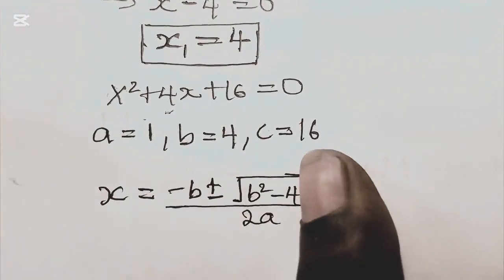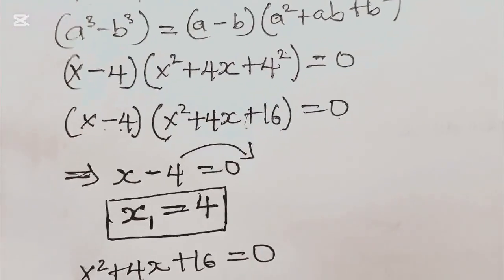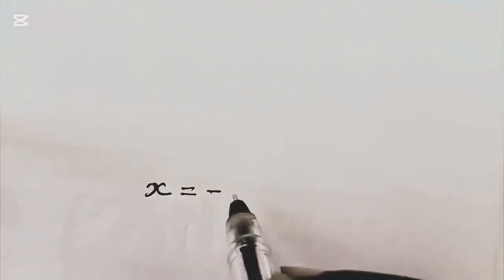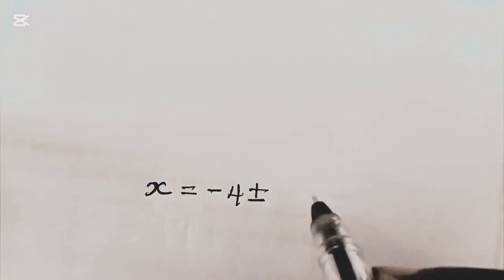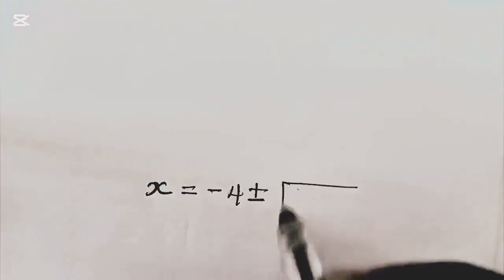So let's apply that into this now. We have x equals minus b. What's our b? 4, plus or minus square root.